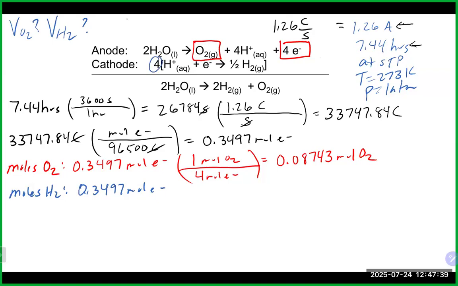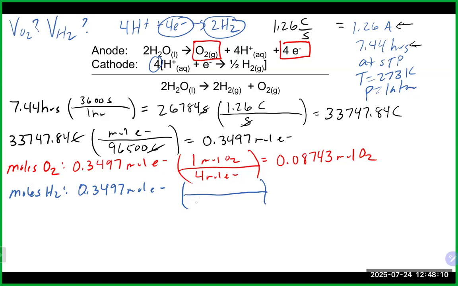If you distributed that 4 to everybody, you would have 4H+, 4 electrons, gives us, let's see, 4 divided by 2, 2H2. So it is 2 moles of H2 to 4 moles of electrons, which is also the same as a 1 to 2 relationship. So whichever way you want to use that.